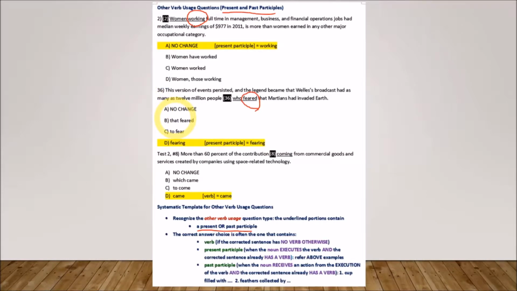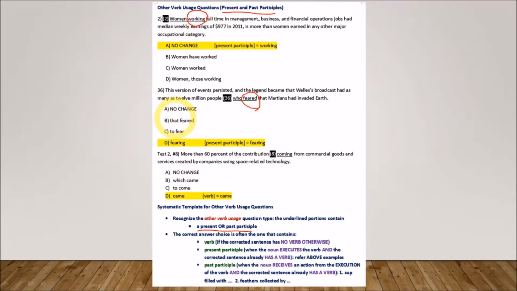Verbs are actions that nouns do, while participles are used for modification purposes. A past participle is an ed form of a verb that modifies the preceding noun or pronoun, like in number 36. And a present participle is an ing form of a verb that modifies the preceding noun or pronoun, like in number 2.